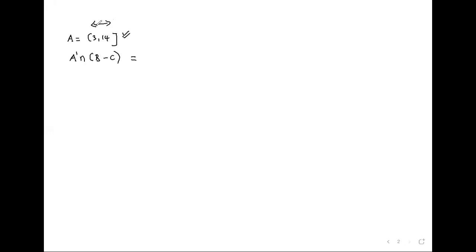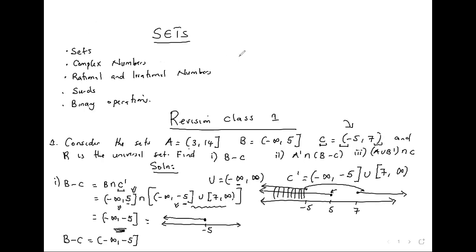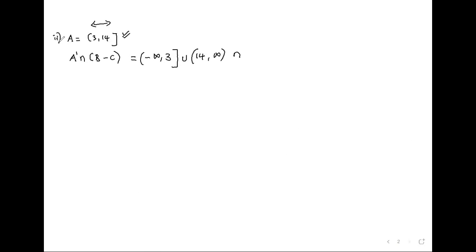A complement will be from -infinity all the way up to where A is starting from, union, where A is ending, not including, up to infinity. So you do the opposite of A at its end and start point. So this intersection, the B minus C, which we got here, so that if you got the wrong B minus C, you have the wrong solution again. So we got from -infinity up to -5 included. So this is one set.